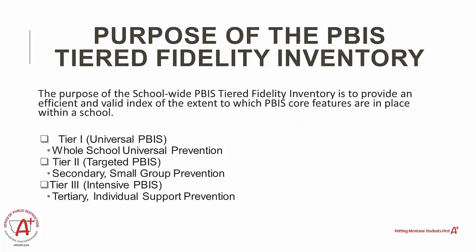So, the purpose of the school-wide PBIS tiered fidelity inventory is to provide a valid index to the extent to which the PBIS core features are in place within a school. So what does that really mean? We want to look at your entire school, and that's your Tier 1 universal prevention.